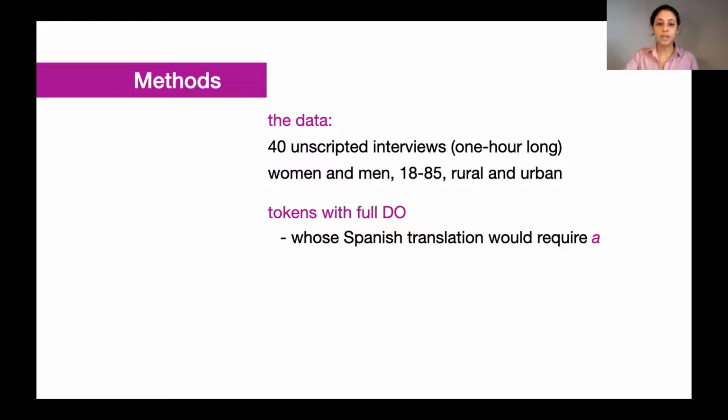So I extracted tokens with full direct objects. That is, I didn't look at direct objects that were pronouns, because pronouns don't get the marker. And I extracted tokens whose Spanish translation would require the use of the marker a. I did this because while looking at the data, I realized that the Guarani sentence never had the marker if its Spanish translation would not require the marker.